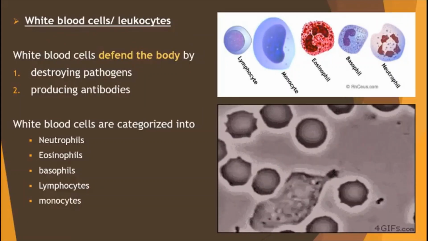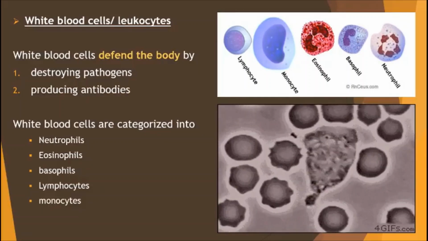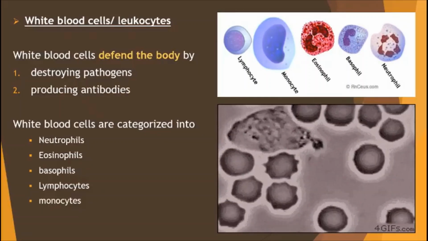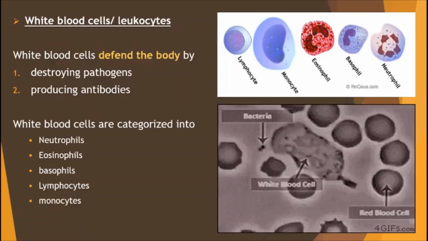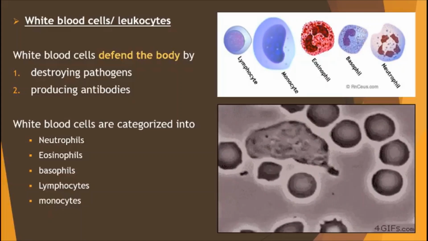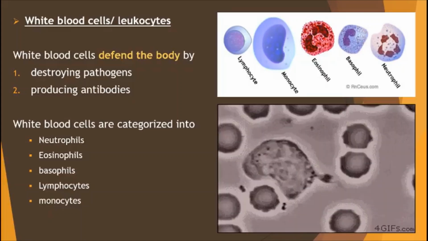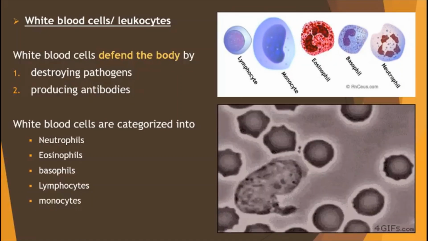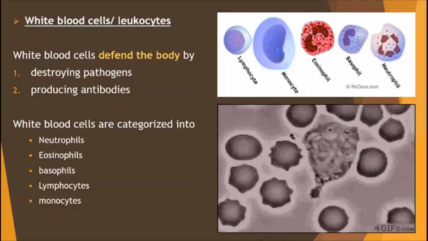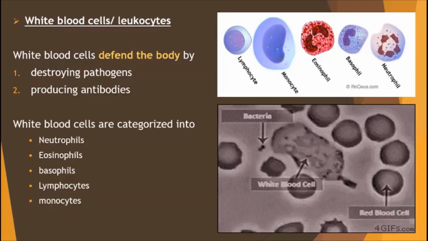I told you before, their names are neutrophils, eosinophils, basophils, lymphocytes and monocytes. In the first diagram, you can see the structure of each type of white blood cell. And the lower diagram shows how a white blood cell catches a bacterium to defend our body.